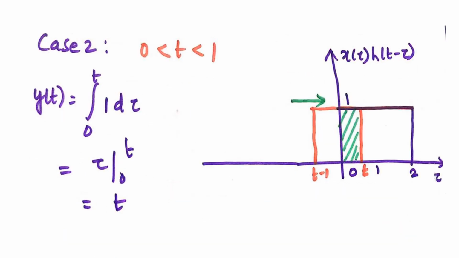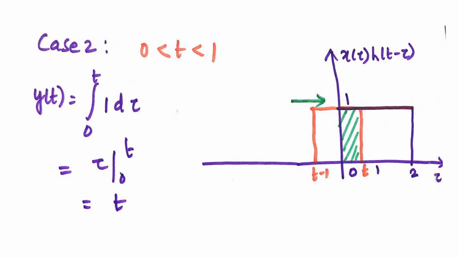So next we will take up case 2, where I've slowly glided the rectangular pulse, and I'm fixing a limit that this edge of the rectangular pulse is between 0 to 1.